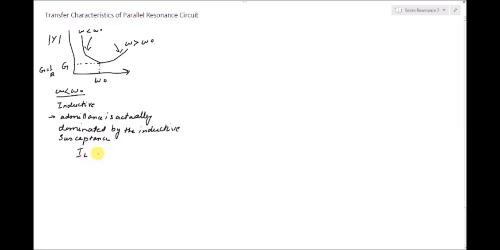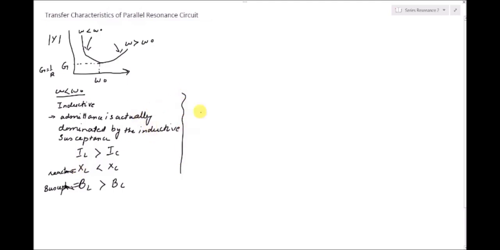IL is actually greater than IC for omega less than omega naught, because XL is smaller than XC and BL is greater than BC. The B is the susceptance, X is the reactance, and I is the current. So this is reactance, susceptance, and current.